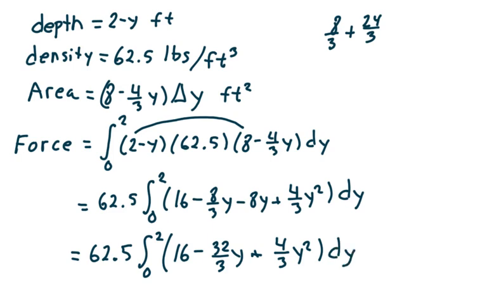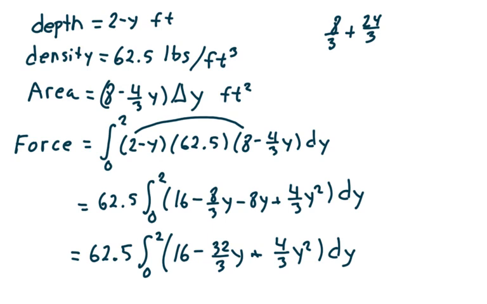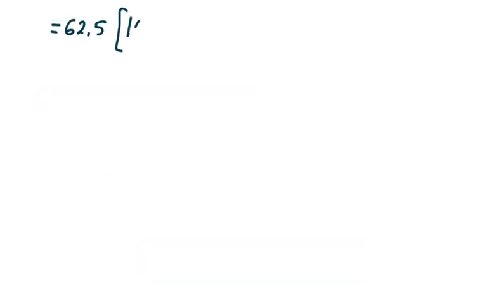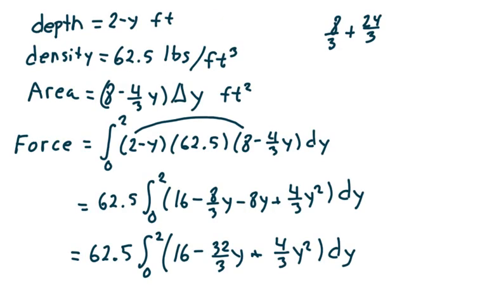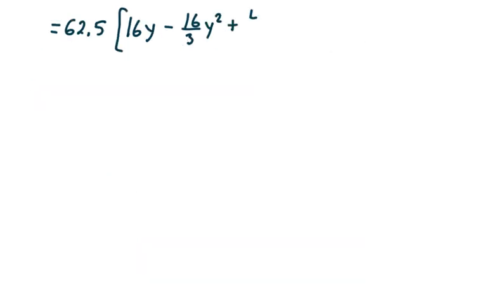We're almost done. So this is 62.5 times. So I'm going to get 16y minus 16/3 y squared plus 4/9 y cubed. And I'm going to integrate from 0 to 2.